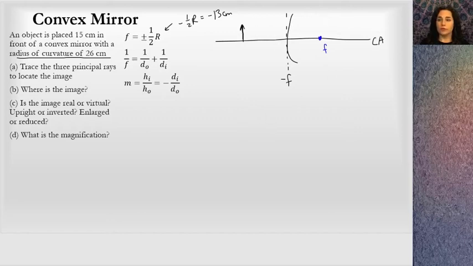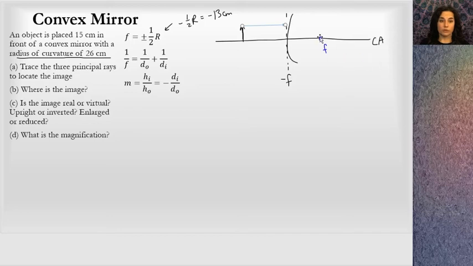So what I'm going to do is choose the ray tracing function in my program here. The first ray is going to go in parallel, and then it's going to go out as if coming from the focus.